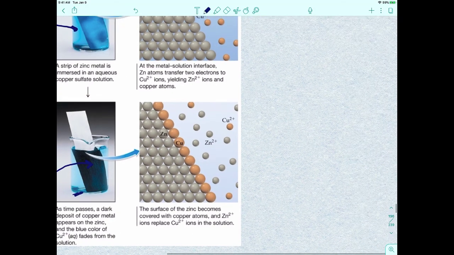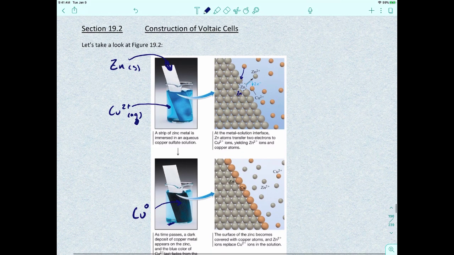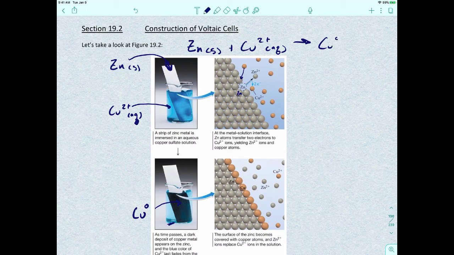For this kind of redox reaction, if we were to write the equation, we've got zinc metal plus copper 2+ ions that are aqueous becomes elemental copper and zinc 2+ ions. Okay? So that's the process that we're looking at.